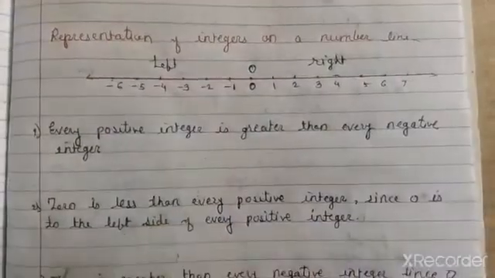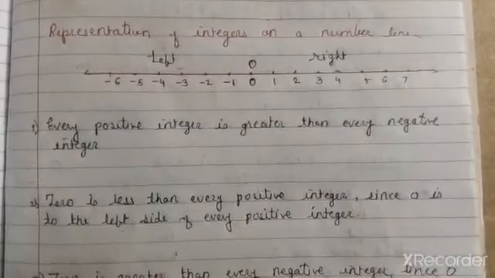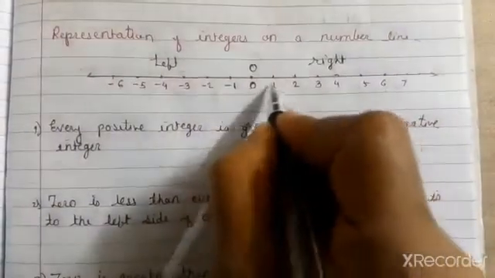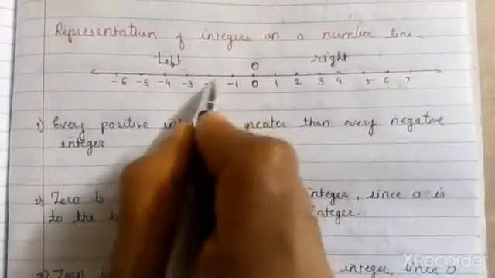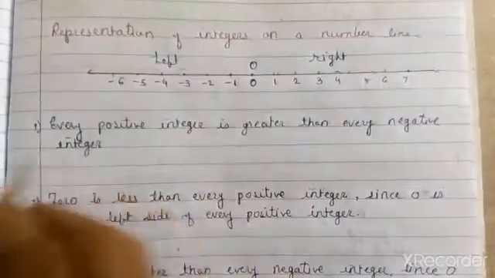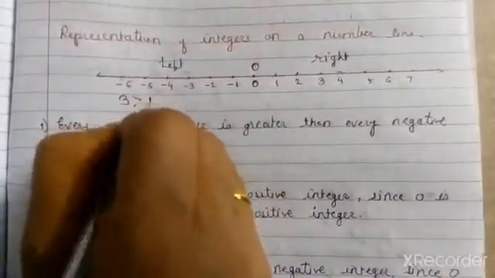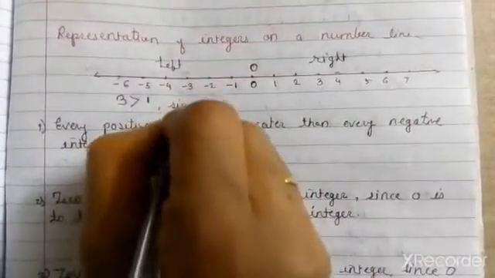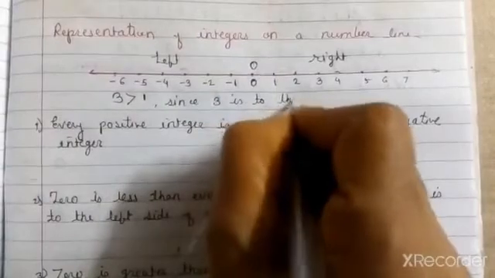Now, in this representation, we follow the convention that numbers occurring on the right hand side are greater than the numbers on the left hand side. For example, 3 is greater than 1 since 3 is to the right of 1.